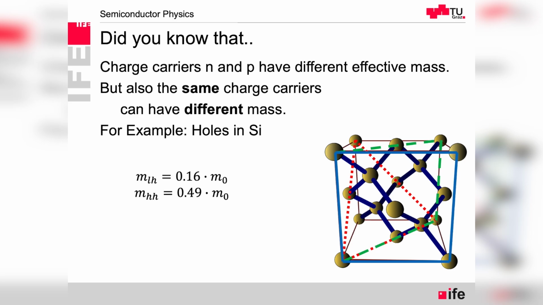So for example, for holes, we have the different planes that we can define, and the effective mass will be different. Actually, for electrons, the same also happens, but this is just an example. So for these two planes.